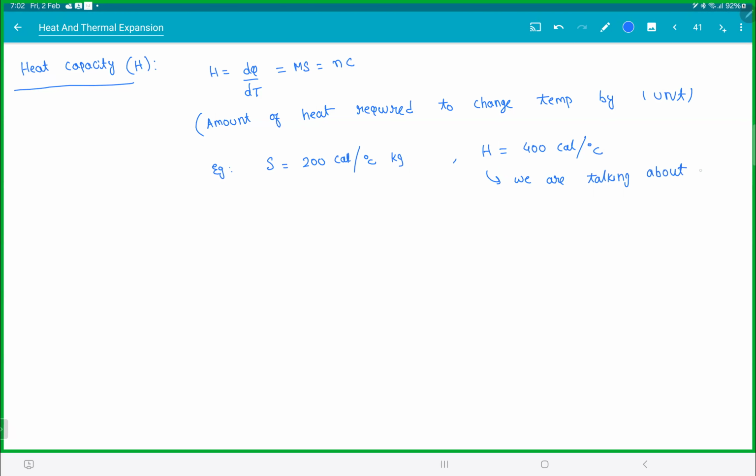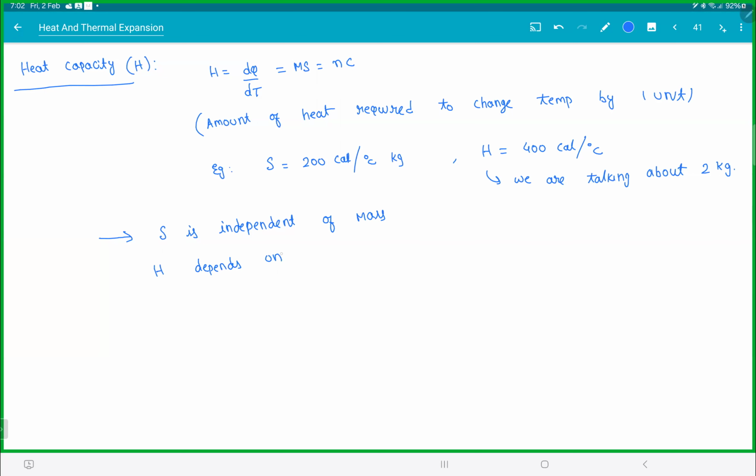Basically, you have multiplied the 2 kg with S. So specific heat capacity S is independent of mass because it is per unit, whereas H depends on mass.